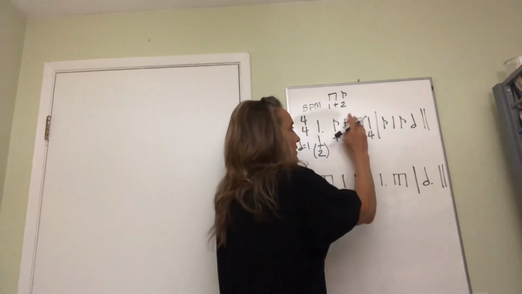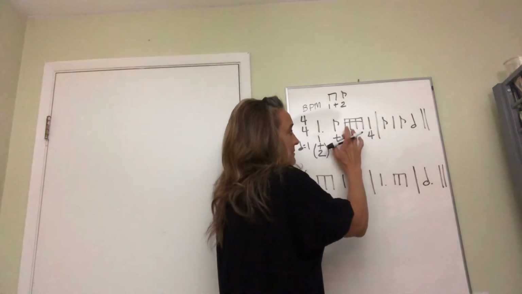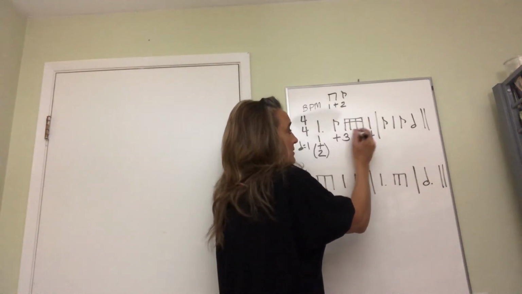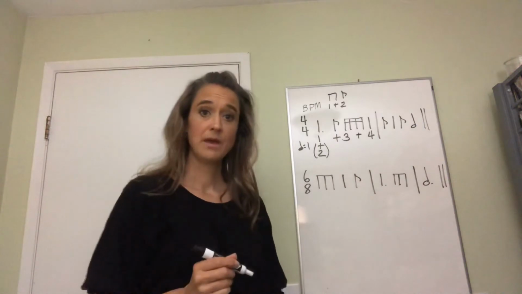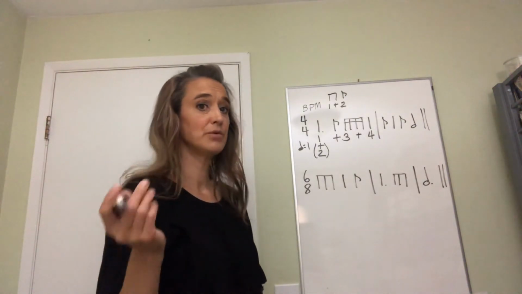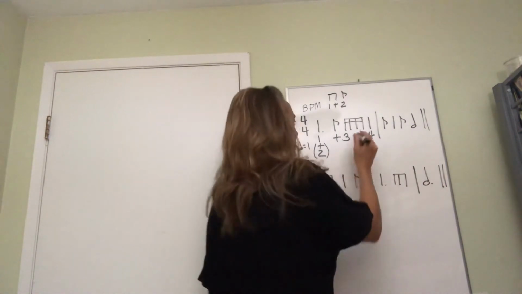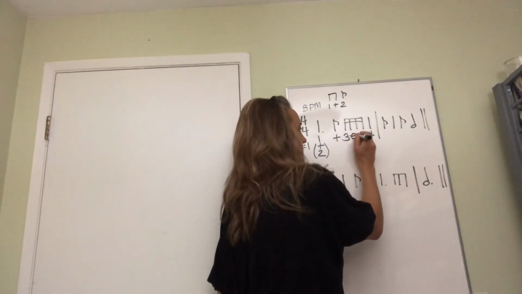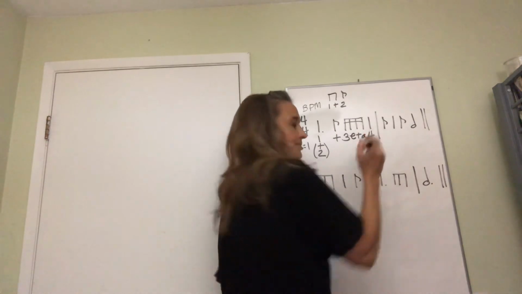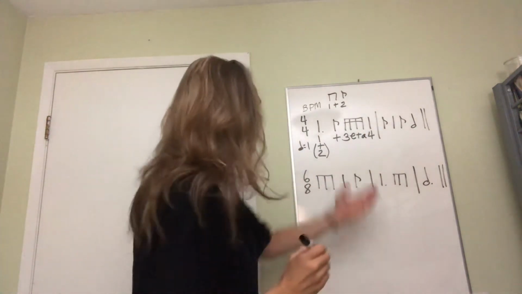If you got rid of the 4 16th notes and made it a TT, you would have a 3 and then an and here. So 16th notes mean you can put 2 16ths in an 8th note. So do you remember? 3 E and A. Okay? All right, we're done with that measure.